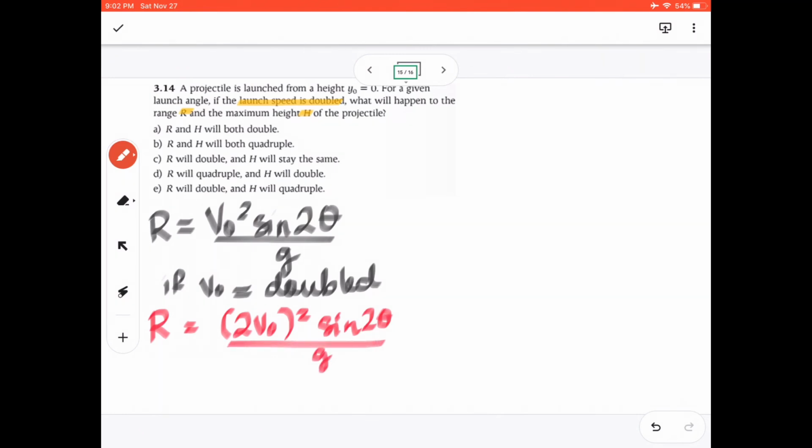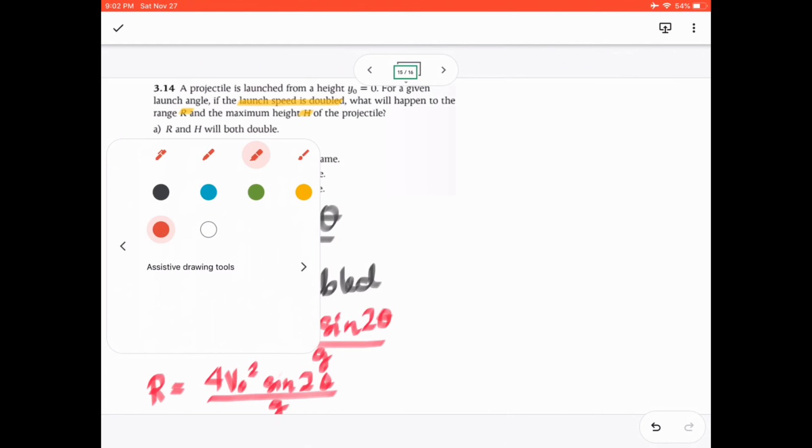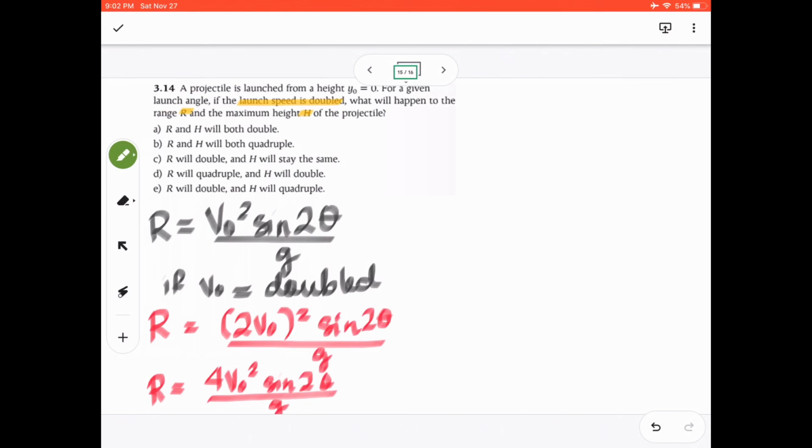Simplifying that, R will be equal to 2 squared, which is 4, V0 squared sine 2 theta over g. So R is multiplied by 4 if we double the V0. This means it has quadrupled.